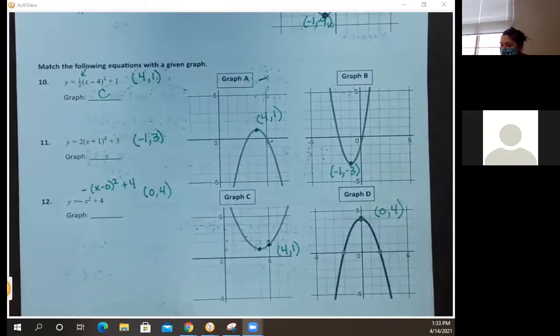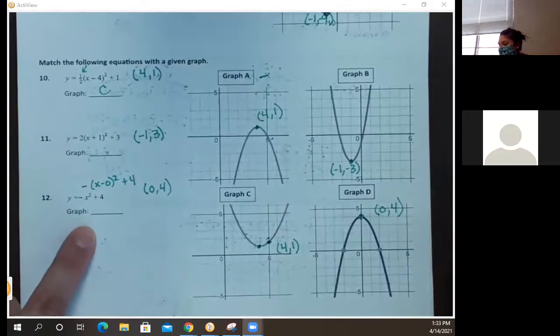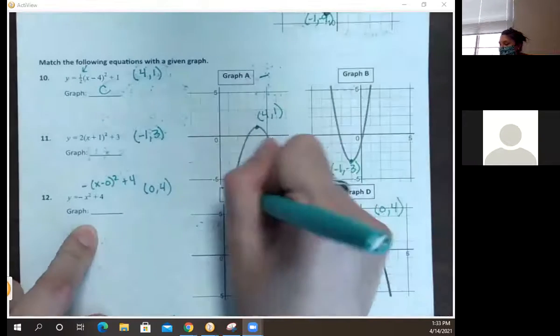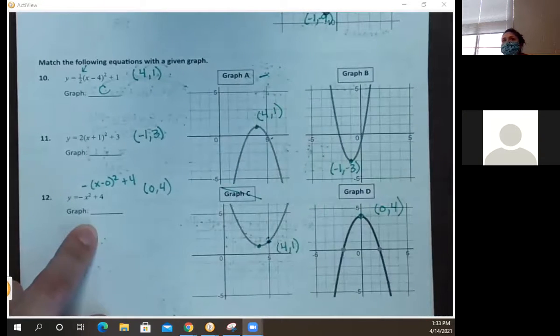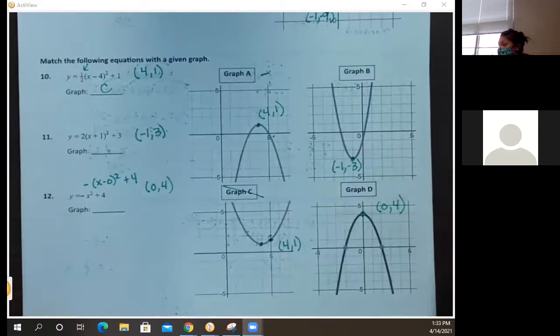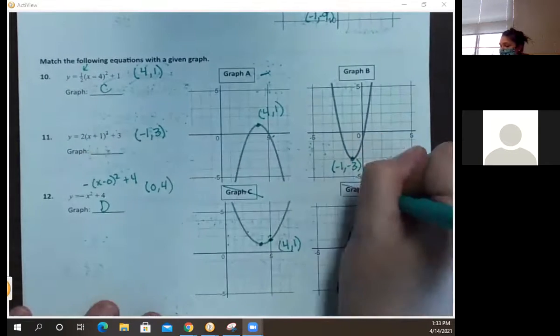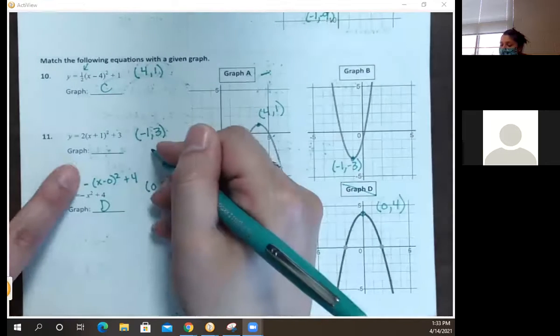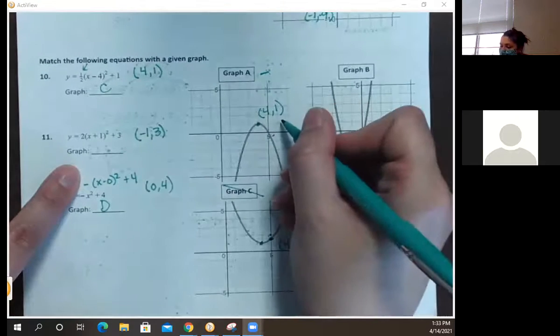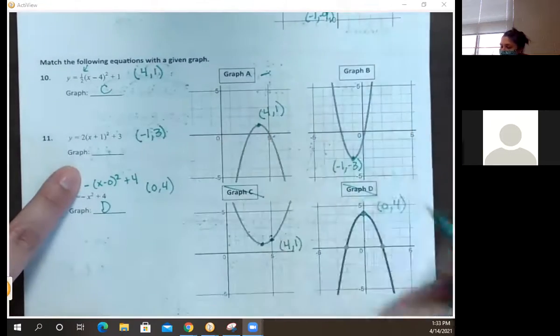Now let's take a look at 12. Vertex at 0, 4. Any of these have a vertex at 0, 4? D, and it's the only one. So D has to be equation 12. And then 11 is not graph A. Those aren't even close.